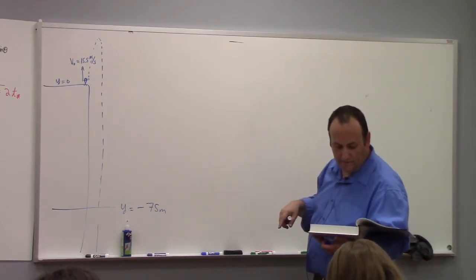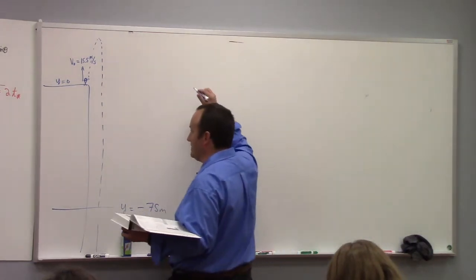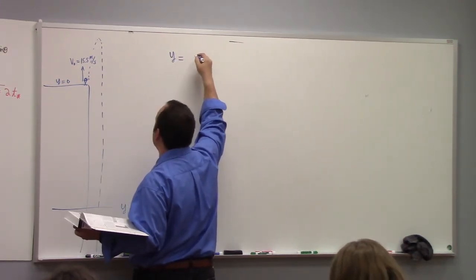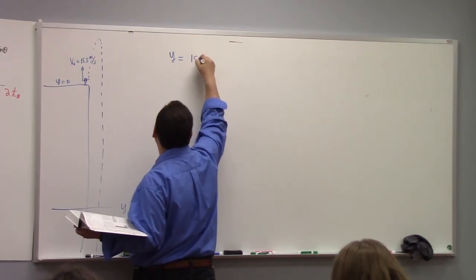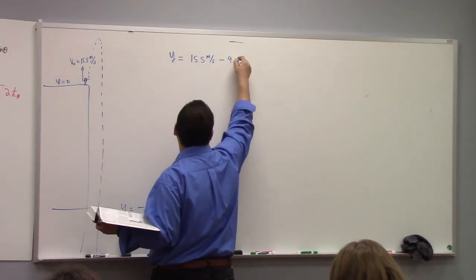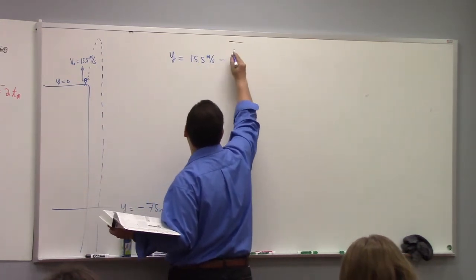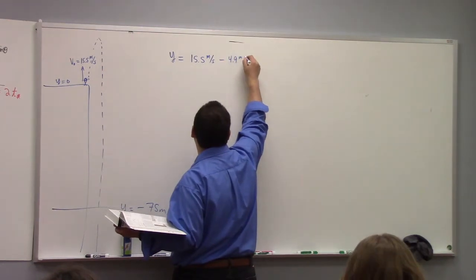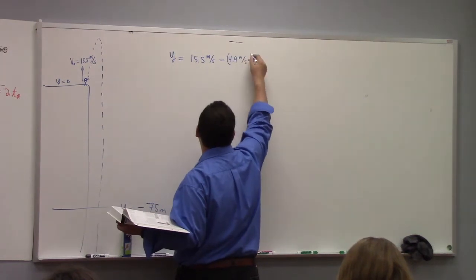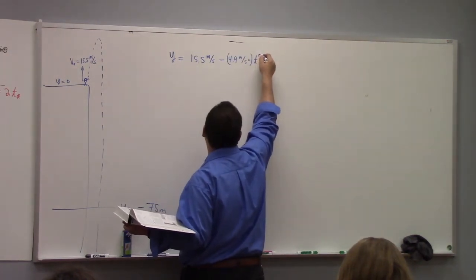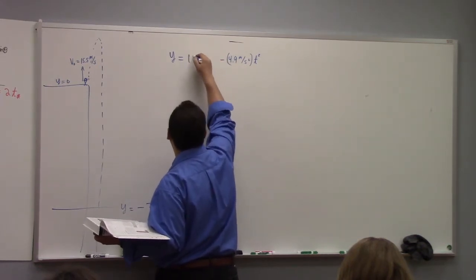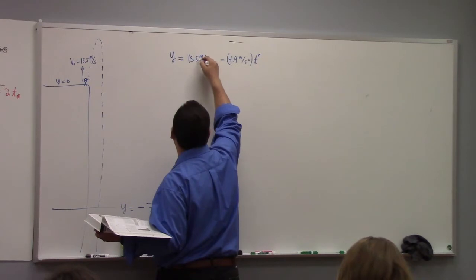So how much later does it reach the bottom of the cliff? All right, so here's the equation that we have to deal with. y is equal to 15.5 meters per second times time, minus 4.9 meters per second squared times time squared. I think I forgot a very important times time there.